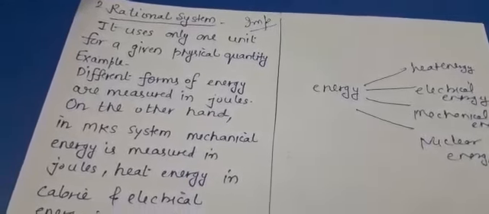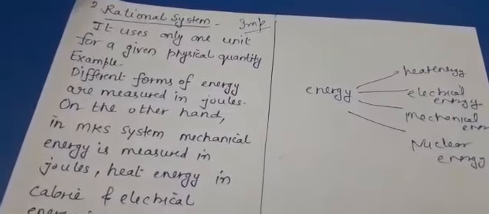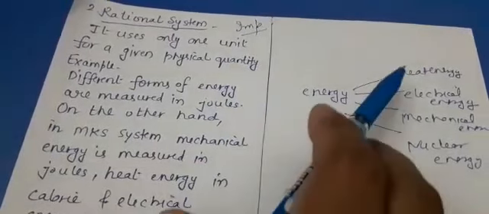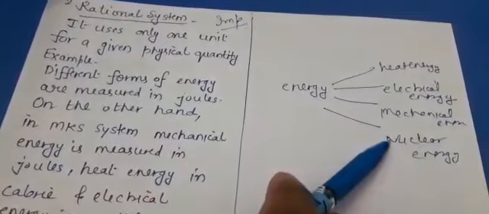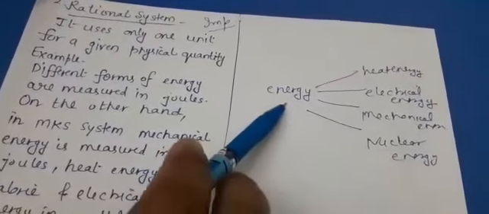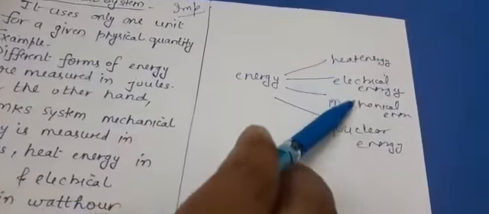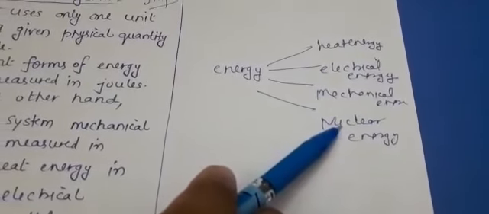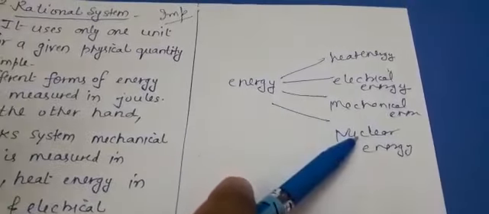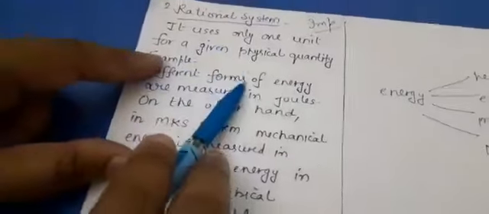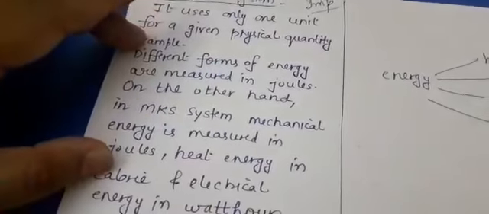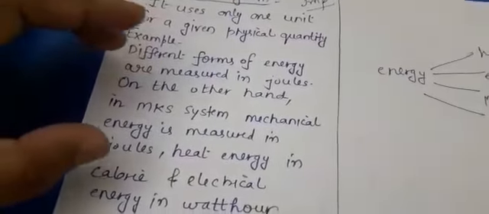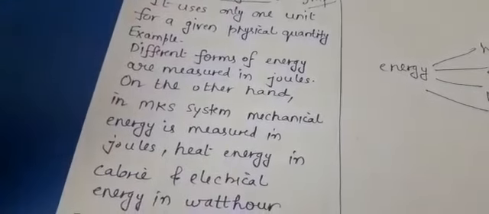So all these are different forms of energy, and the basic quantity here is energy only. So for all these, only one unit will be used. In this SI system, this rational system is the main point which distinguishes it from MKS. This will give the exact difference why it is a modified version of the MKS system.